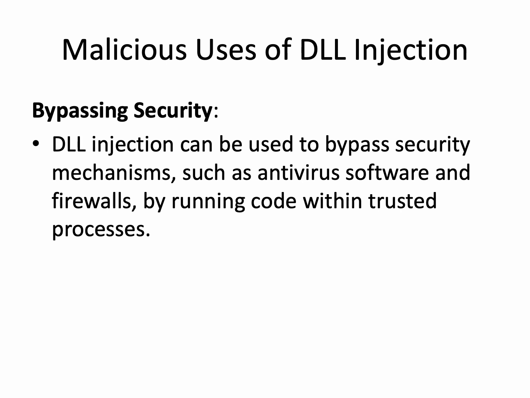For example, with antivirus software and firewalls, if the adversary can run some DLLs inside the antivirus software or firewall, then they can run the code within the trusted process.